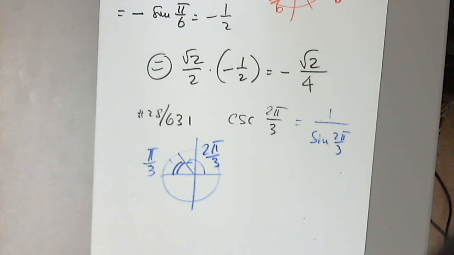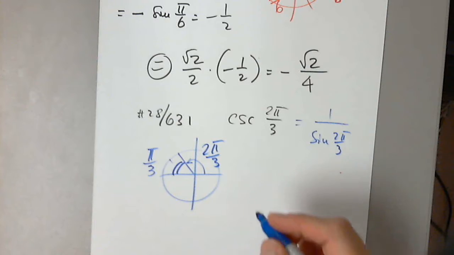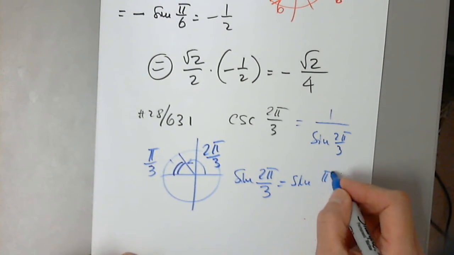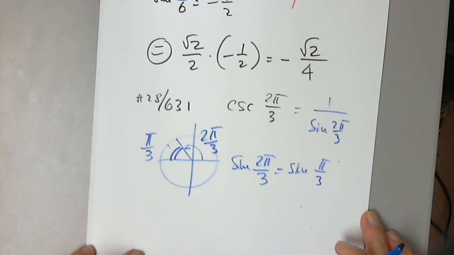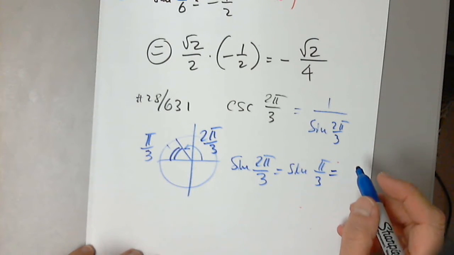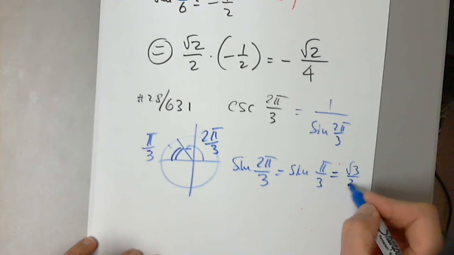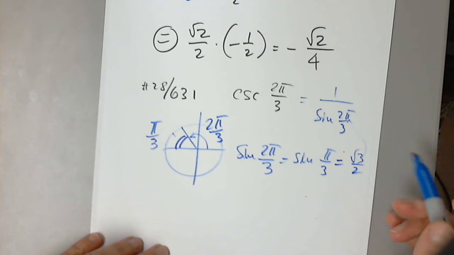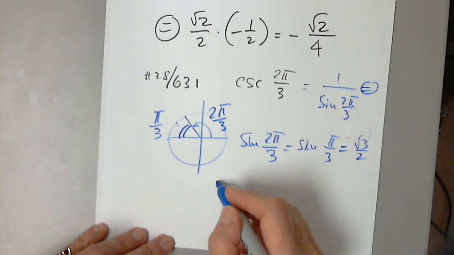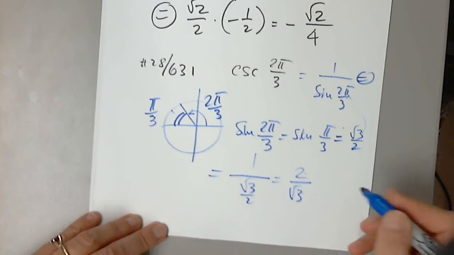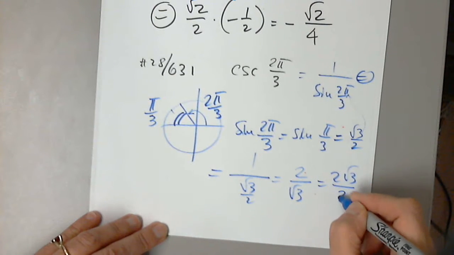Positive, very good. So then sine 2 pi over 3 would be sine pi over 3. And that's a nice one. It's the last angle, and it's sine. So I put it in here. So the answer is 1 over the square root of 3 over 2, or 2 over the square root of 3, and I have to rationalize.